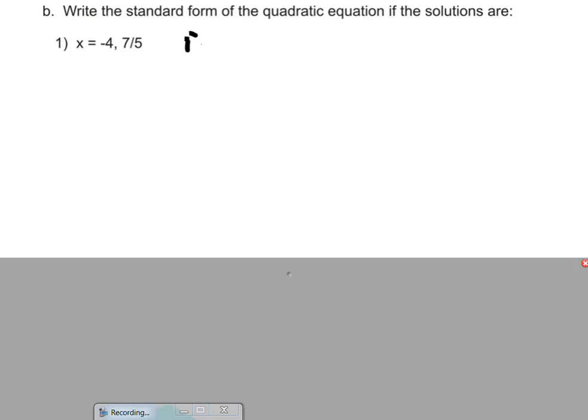Find the factors that produced these solutions.